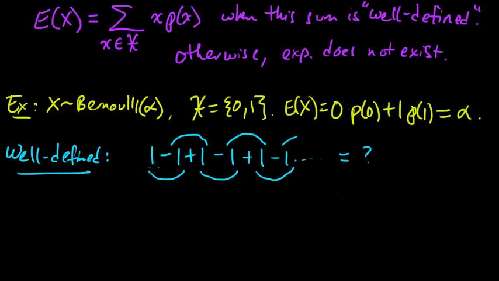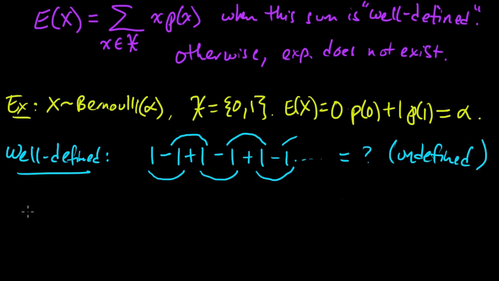So then it would be 1 plus a bunch of zeros, so it would be 1. So something's a little fishy. Basically, the problem is that this sum is not well defined.